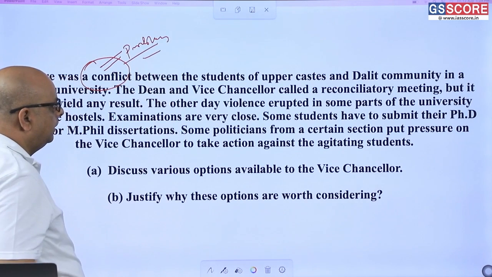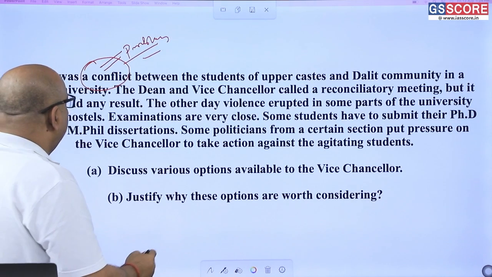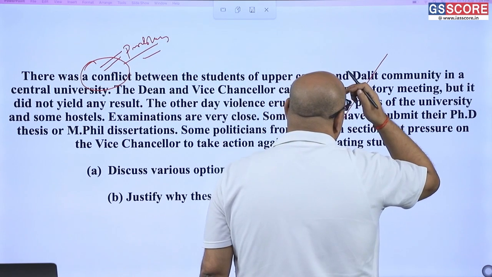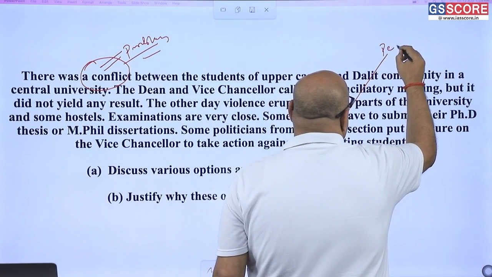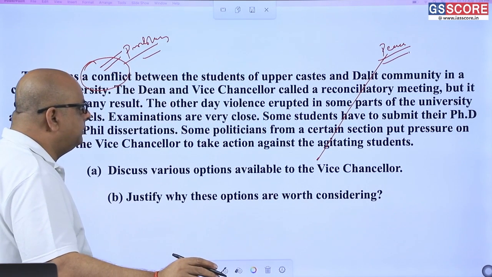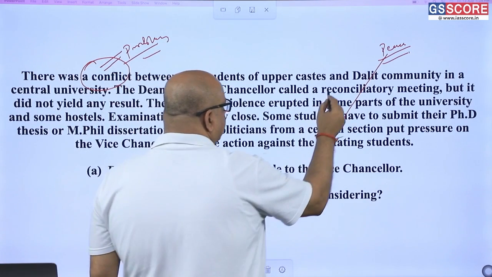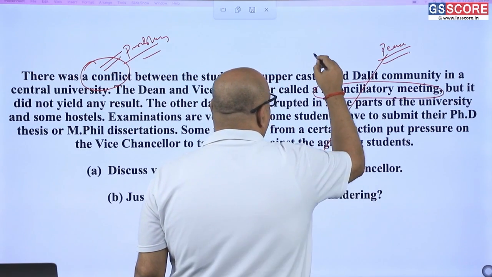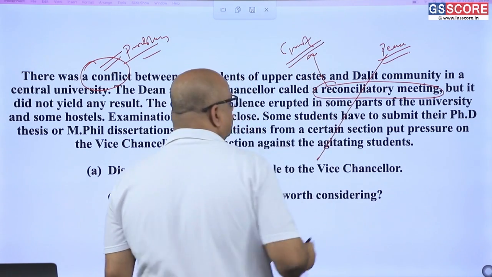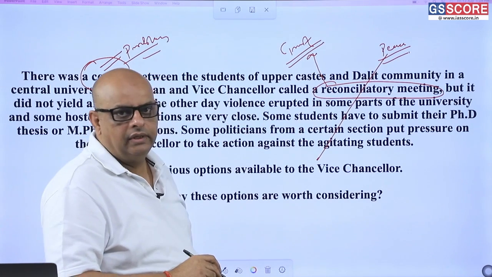And obviously, in this case, any vice chancellor will go for restoring the peace in the campus. But the constraint here is that the reconciliation meeting has failed. So it is an issue of trust also, because it has already failed.